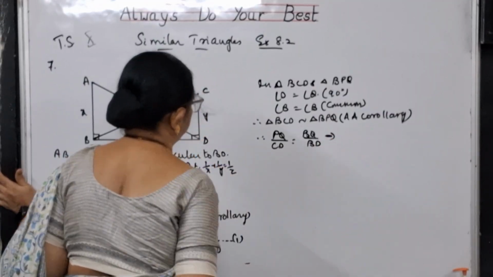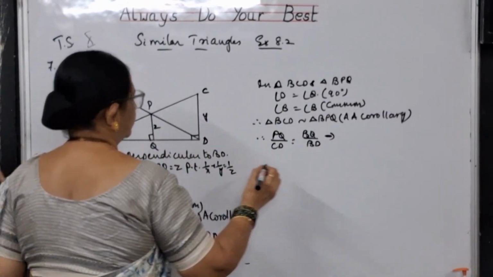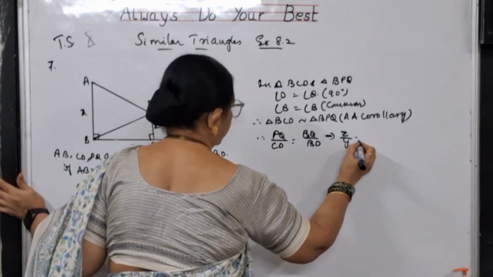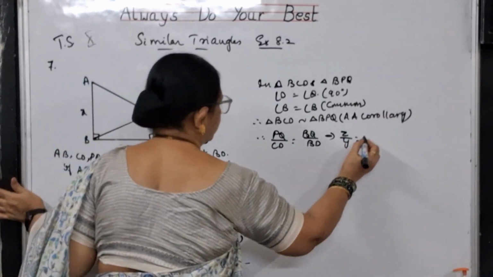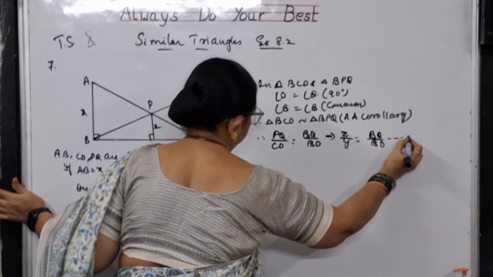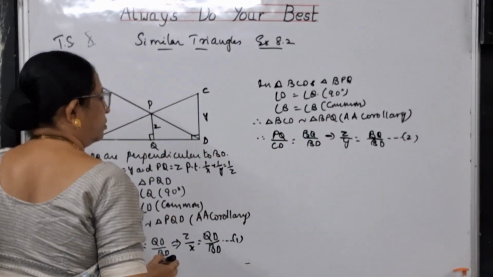What does this imply? PQ means Z by CD means Y is equal to BQ by BD. This is the second equation.